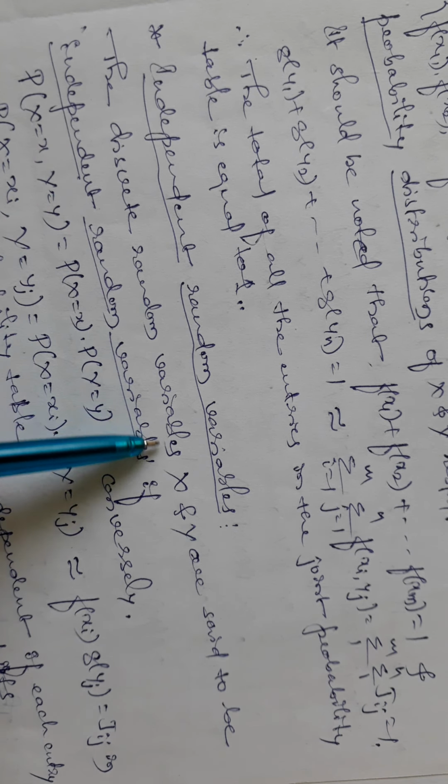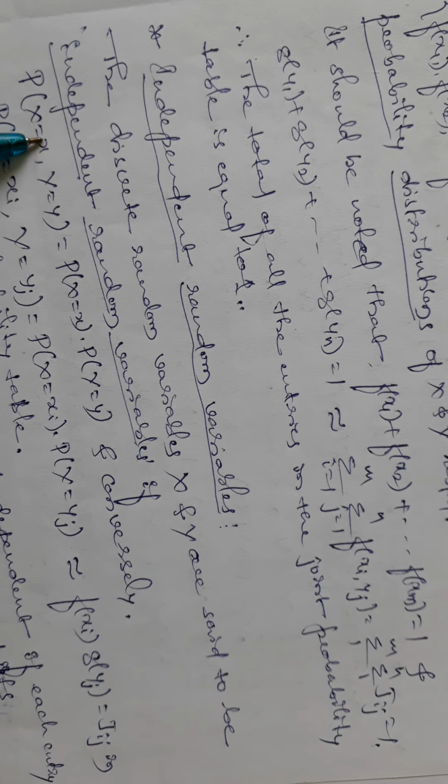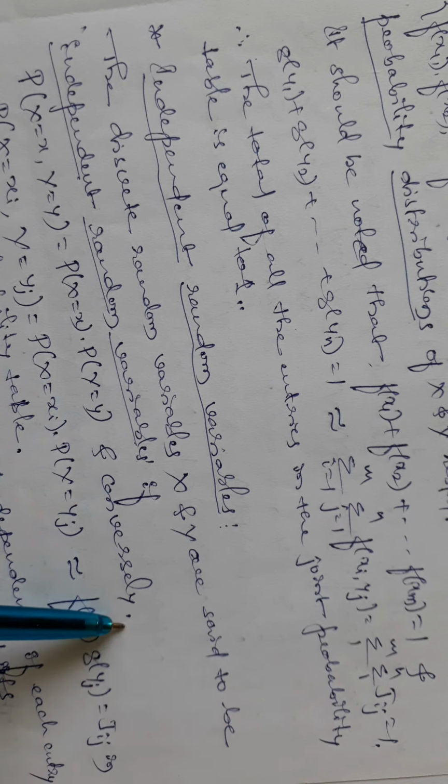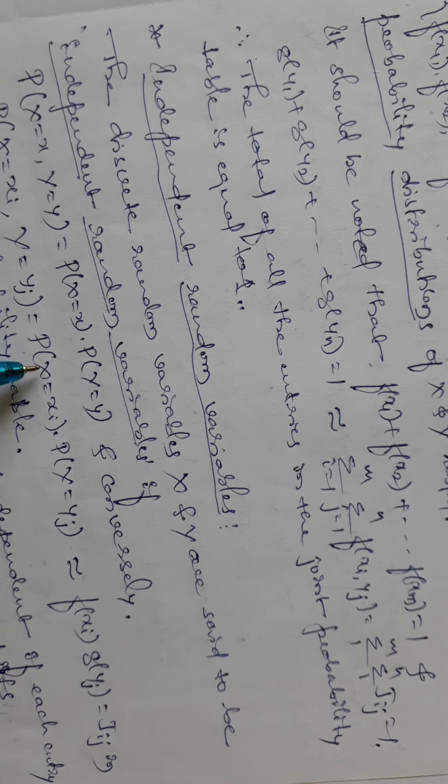The discrete random variables x and y are said to be independent random variables if P of X equal to x comma Y equal to y is equal to P of X equal to x into P of Y equal to y, and conversely, that is P of X equal to xi and Y equal to yj equals P of X equal to xi into P of Y equal to yj, which is equivalent to f of xi into g of yj, which is equal to Jij in the joint probability table.